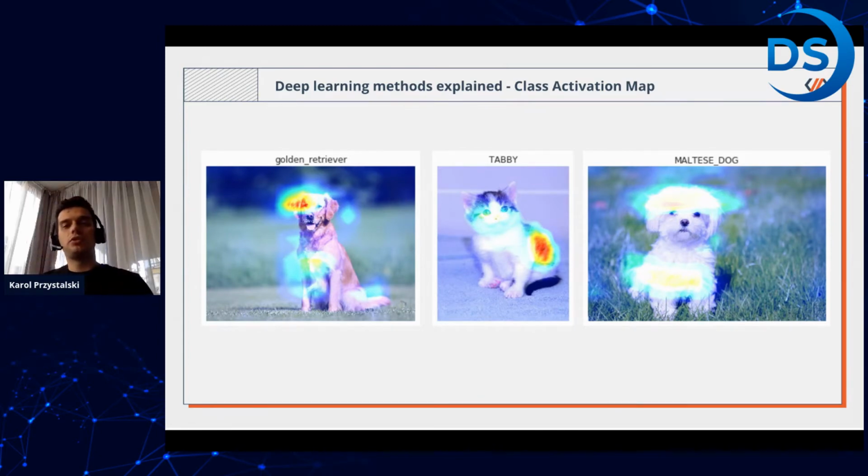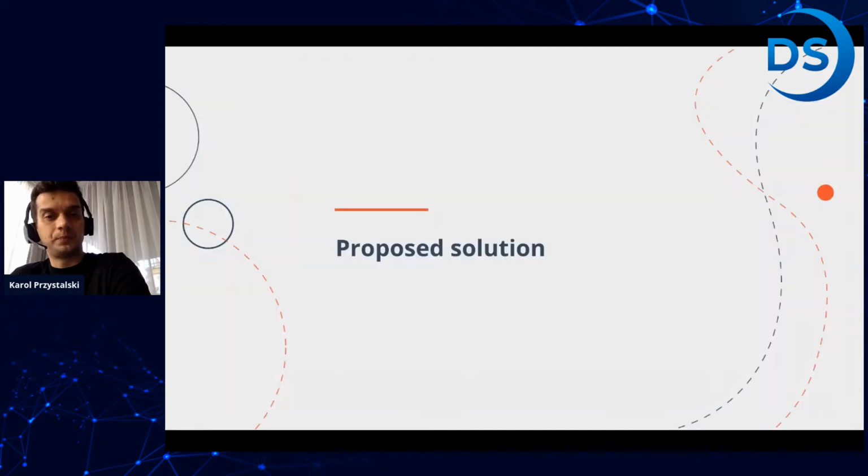That's something you can do on a convolutional neural network, and that's acceptable by the FDA. So you can use a convolutional neural network on images, and using this explanation, it will be approved by the FDA if you want to go to market with the product.